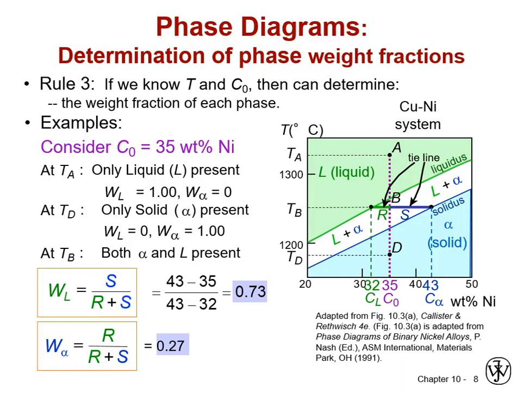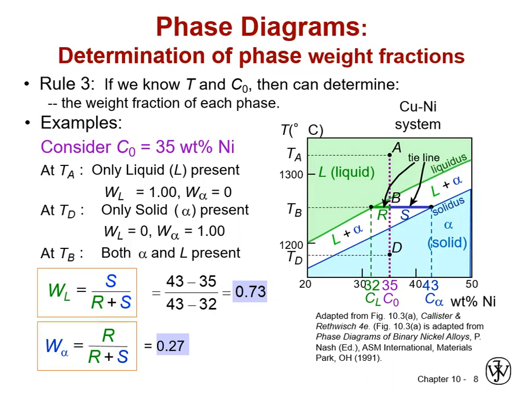Likewise, the weight fraction of alpha phase, not composition of alpha, but the amount of phase alpha with respect to the liquid, is the length of the R portion of that horizontal tie line on the diagram, divided by the total length of the tie line.